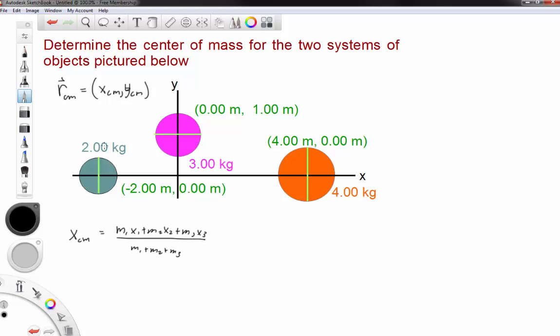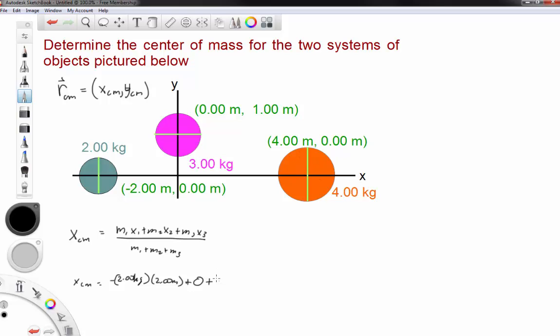Okay, so this right here is 2 kilograms, minus 2 meters. So x center of mass is going to be 2.00 kilograms times 2.00 meters, and it's minus because of what side of the y-axis it's on. Then to that we're going to add 0 meters, so I'm just going to put a 0 there.